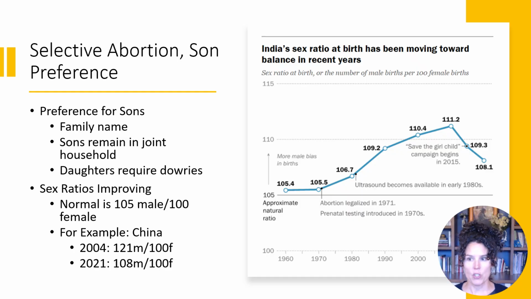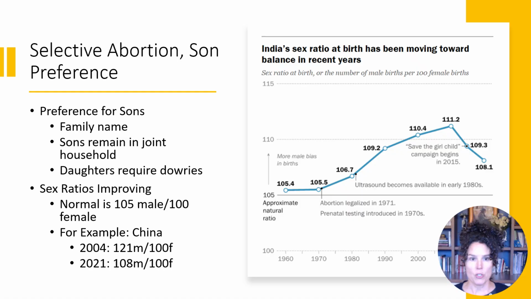China, where the son preference was really exacerbated by China's one-child policy, which existed from 1979 to 2016, so about 35 years, where you were penalized if you had more than one child. So people were only allowed to have one child, and then they wanted it to be a boy. And so at the height of that, in 2004, there were 121 males born for every 100 females. Now, in 2021, that's down to 108 for 100 females.